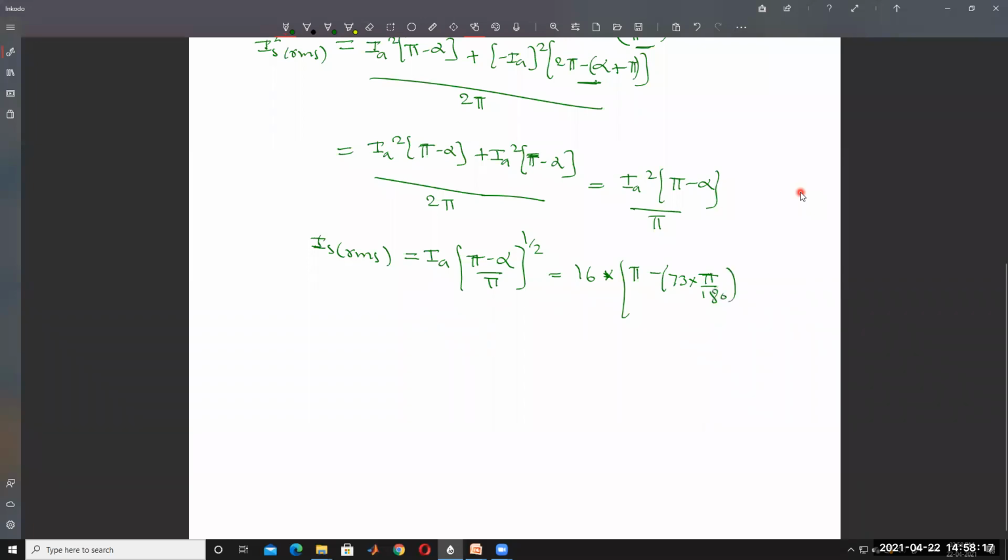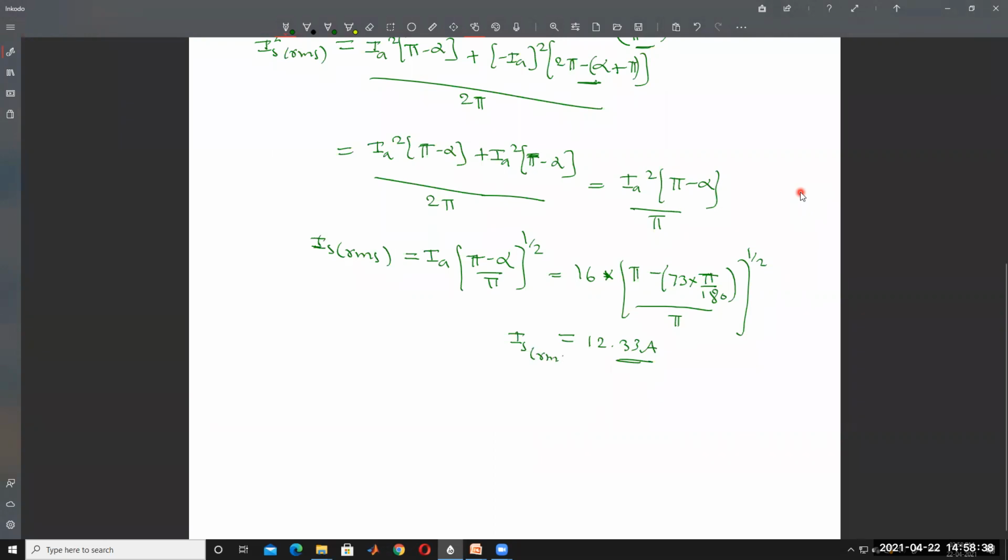Then pi minus alpha divided by pi, whole to the power of 1 by 2. So how much here? I got 12.33 as the RMS value of the source current.